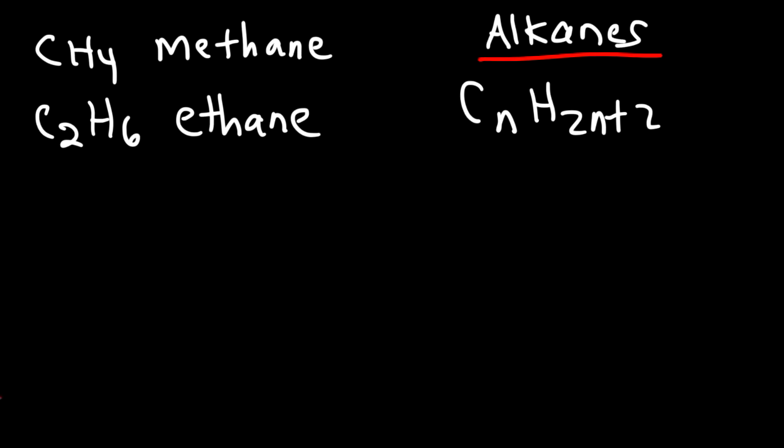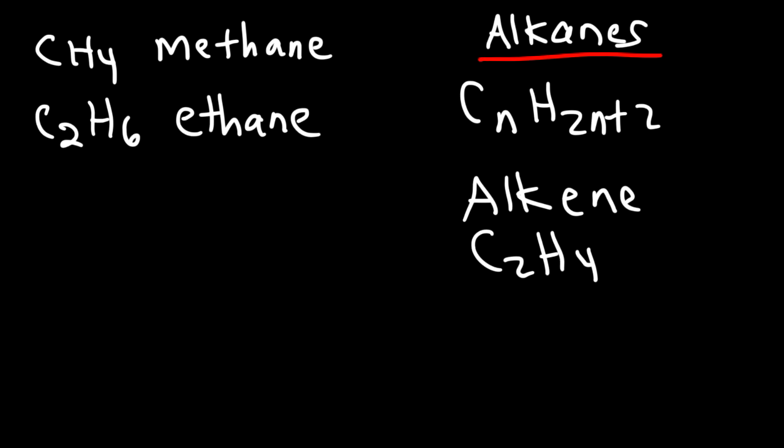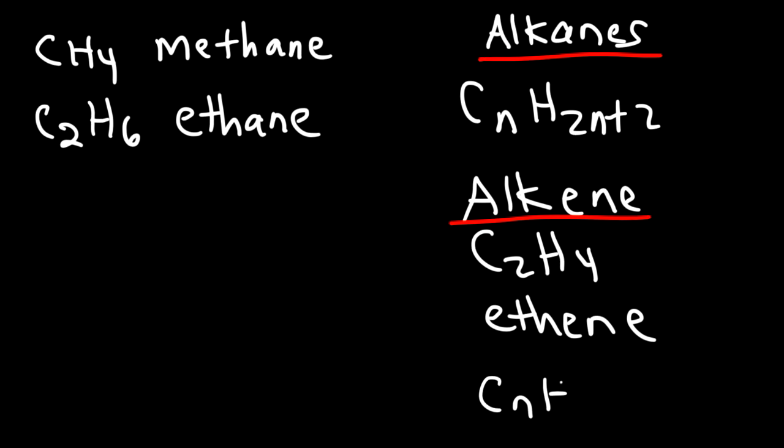Now, we talked about C2H4, and this was an alkene, but notice that it has 2 carbons. So this is called ethene. And the general formula for an alkene with 1 double bond is CnH2n.